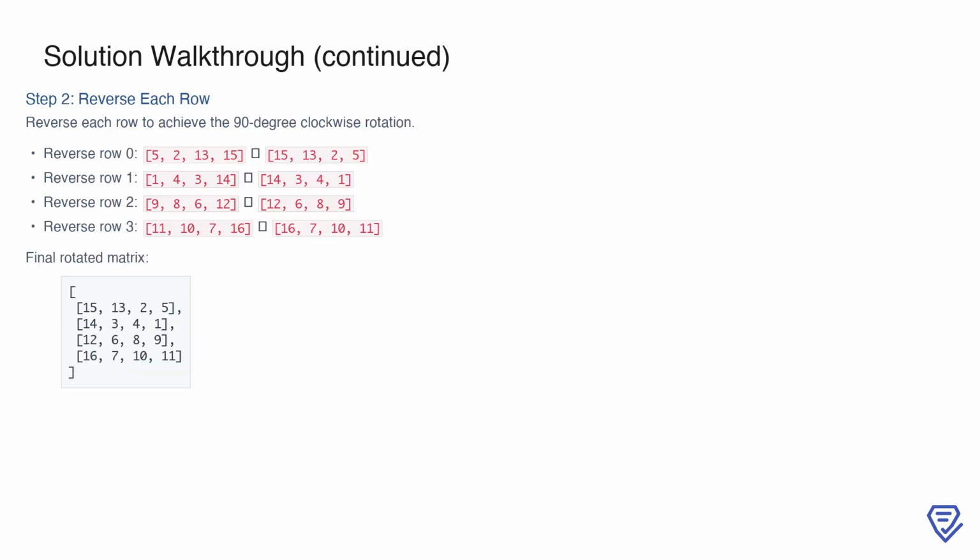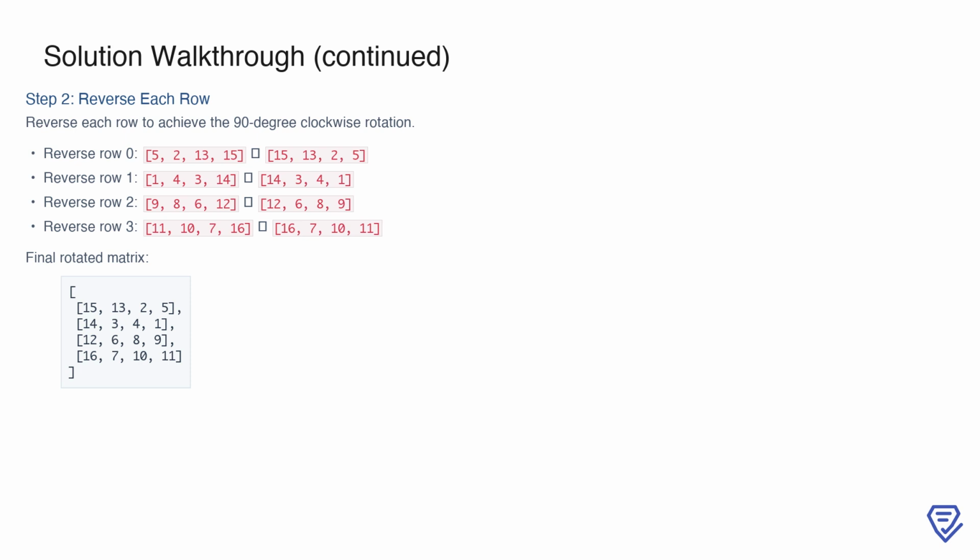Following the transpose, we now reverse each row to achieve the rotation. For the first row, 5, 2, 13, 15 becomes 15, 13, 2, 5. In the second row, 1, 4, 3, 14 is reversed to 14, 3, 4, 1.